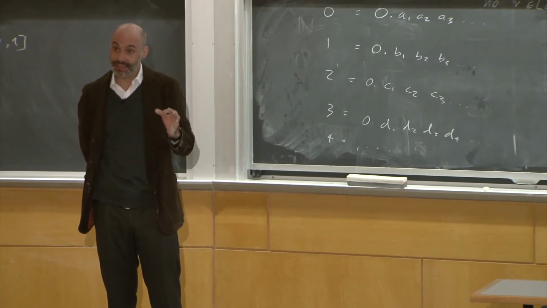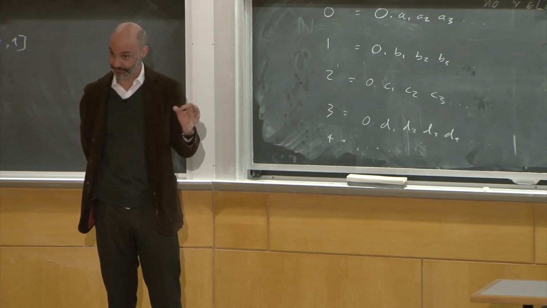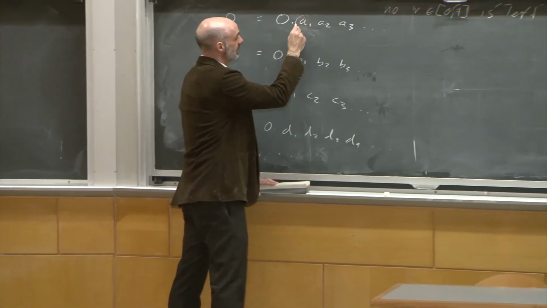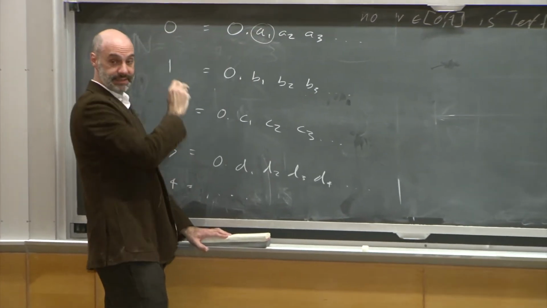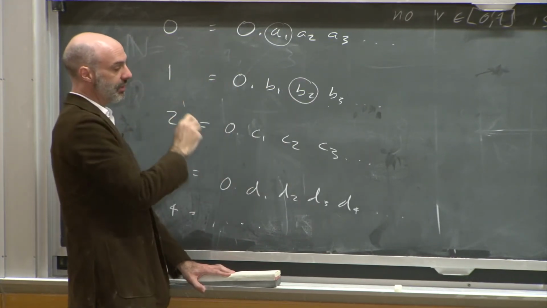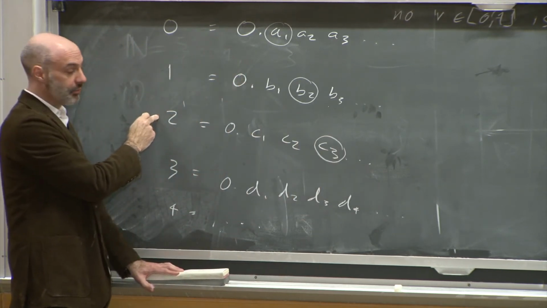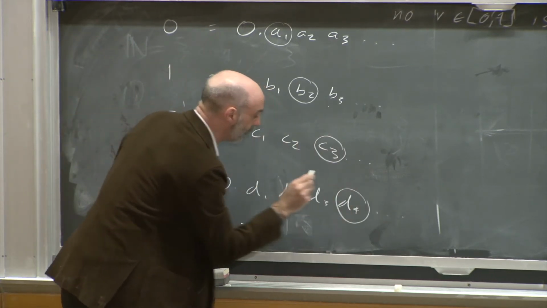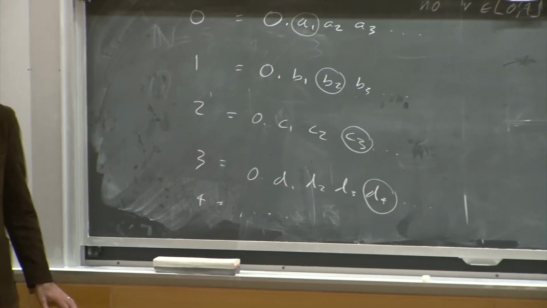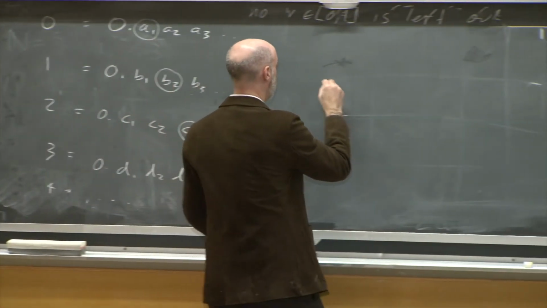So now consider the diagonal number. So take the first digit from the first member in our list, and the second digit from the next member on our list, and the third digit from the next member on our list, and a fourth digit in the next member of the list, and so forth. And look at that real number. So we have our diagonal number.